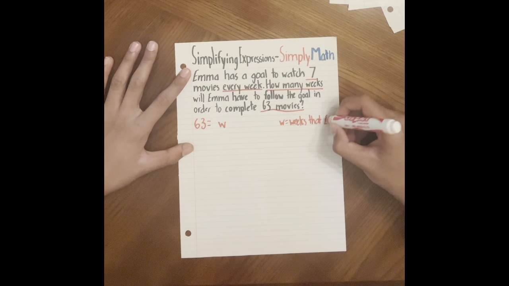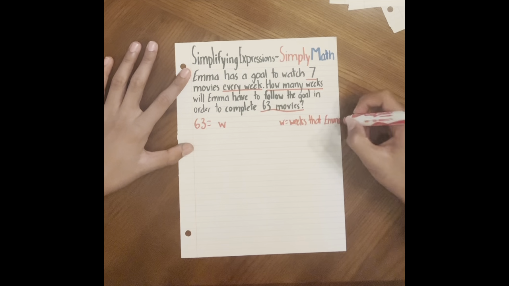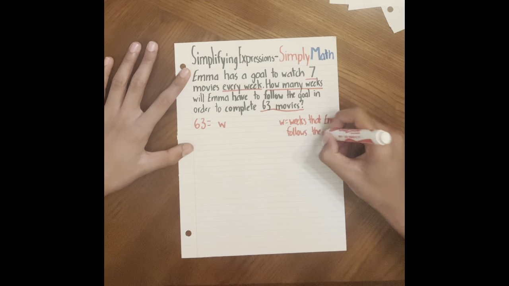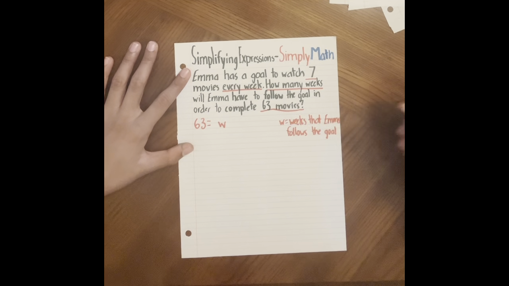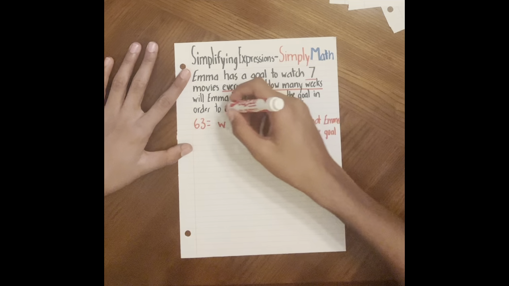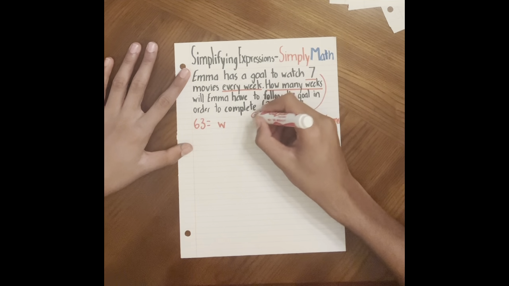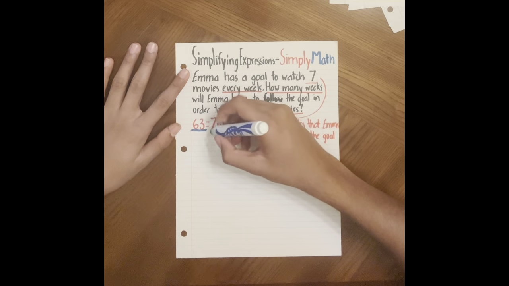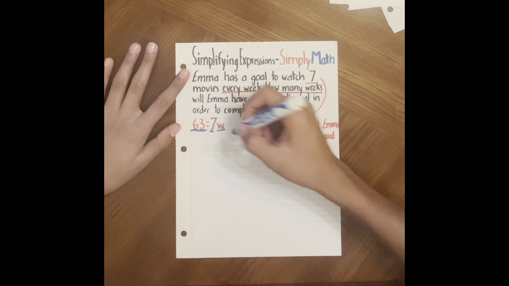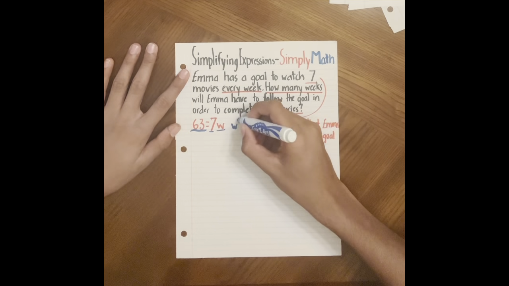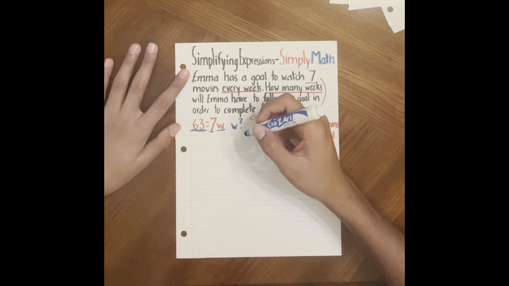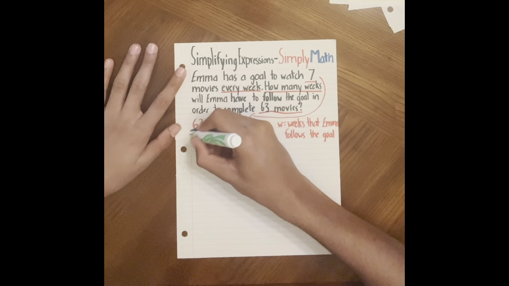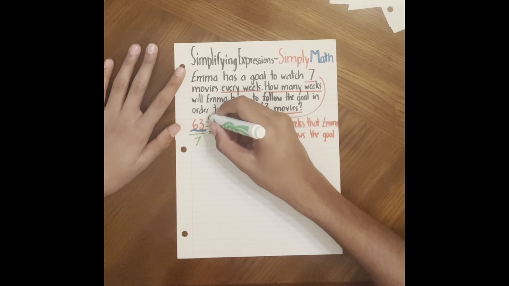And so, essentially, we're solving for the variable W, because again, the amount of weeks that she works could change, and so it's a variable. So, because she watches 7 movies every week, the 7 is going to be right next to the W as its coefficient. So we've dealt with the 63, we've dealt with the 7, and all we have left is the W. And so how are we going to figure this out? Well, what we're going to do is we're going to divide both sides by 7.